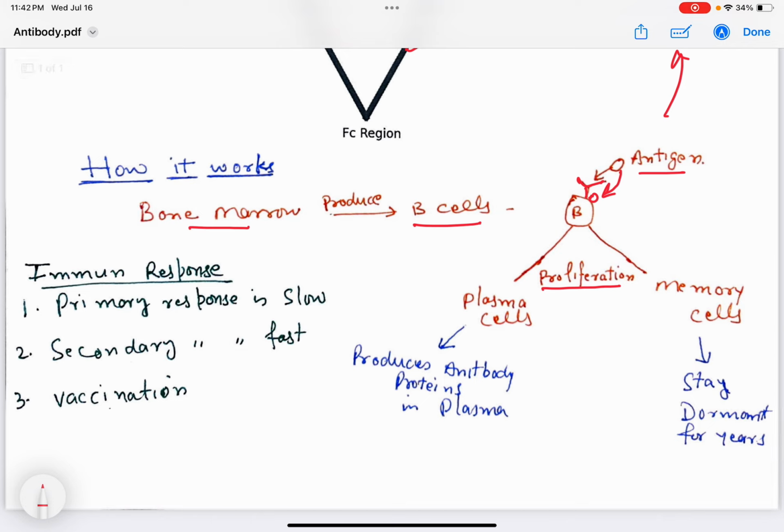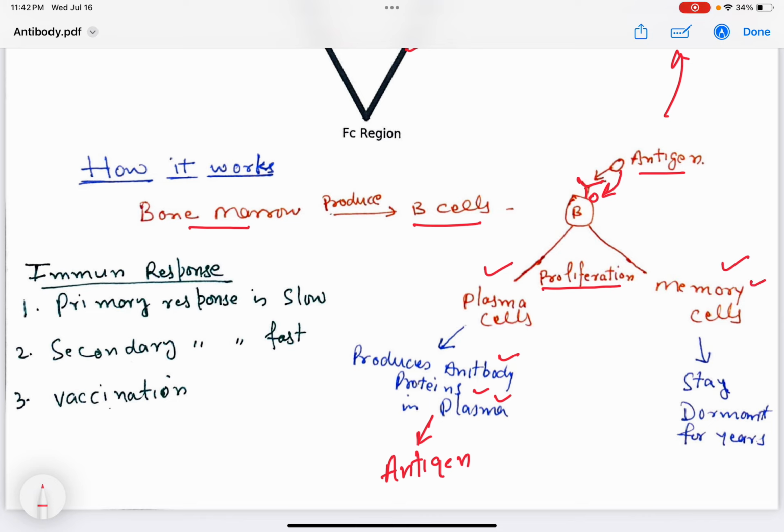And there are two types of division that occur. One type is plasma cells, and the other is memory cells. Plasma cells produce antibody proteins in the plasma, so that the antibodies can assemble together and attack the antigen, any infection, viral infection.